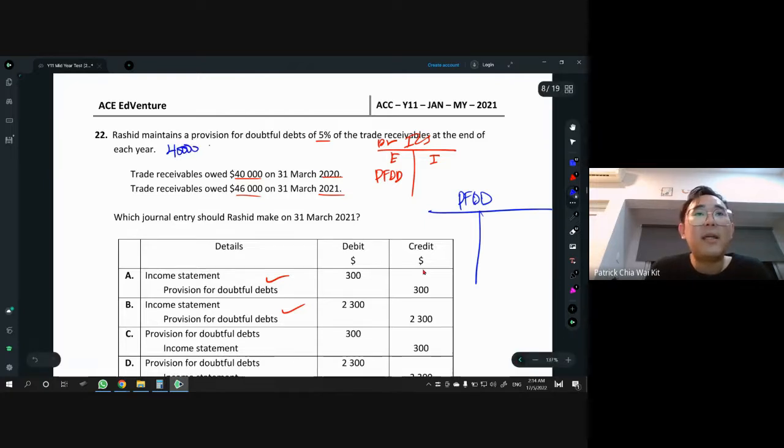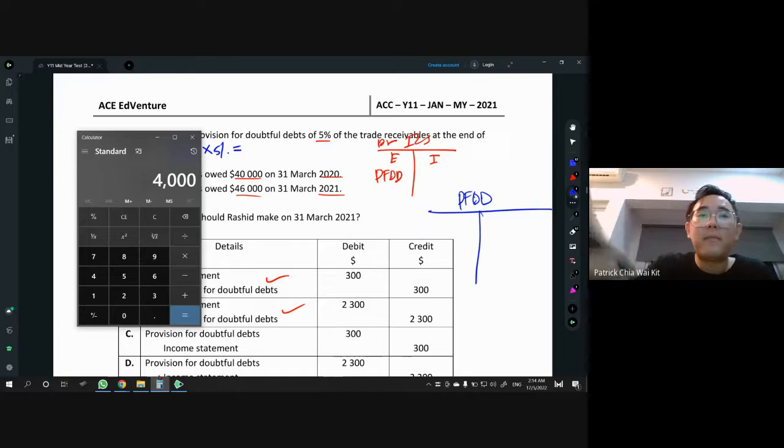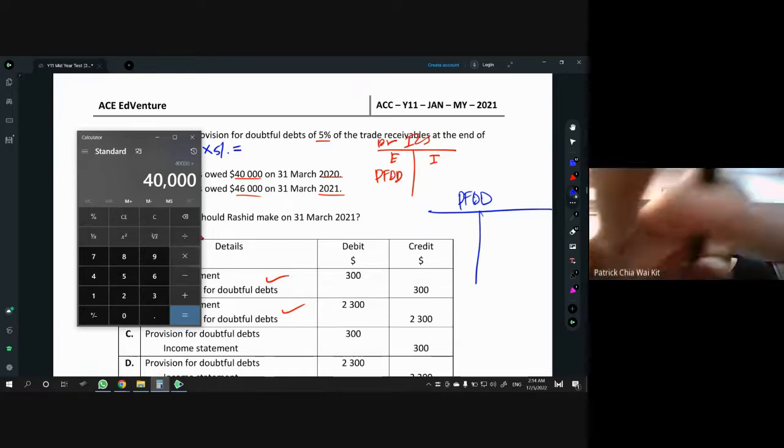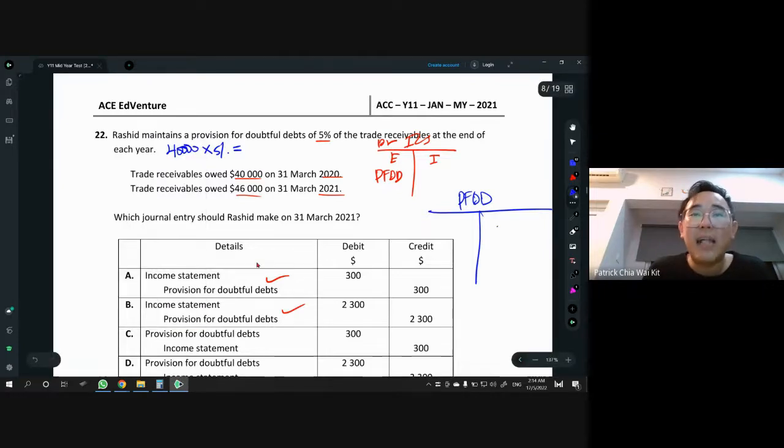So 40K times 5% is 2,000, right? So this answer on 31st March, which is 1st April, the 2,000 is the balance BD. Balance BD for PFDD is always on the right hand side, because PFDD is a minus account.